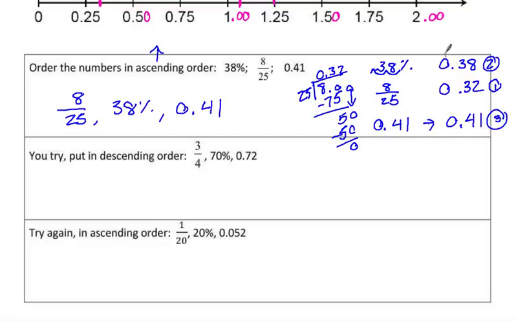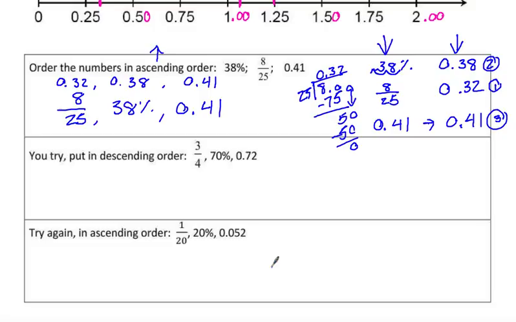Now, if it mixes you up to go from these numbers to these numbers, what you can do is put it in order first with the decimals, like we did over on the other side, and then below, you can convert and write what they were given to you in the problem.